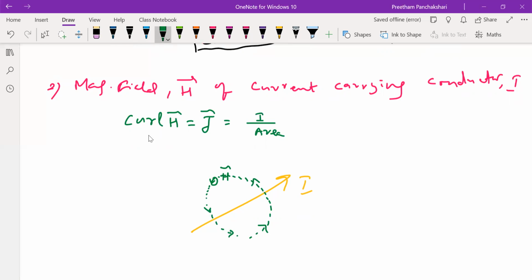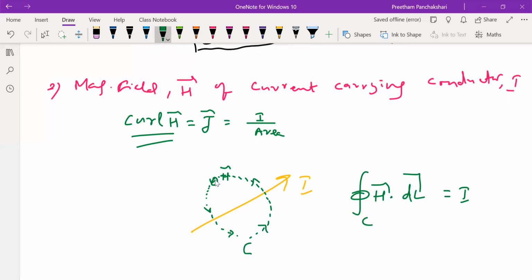So we can say that the total magnetic field around this closed path is given by circulation of magnetic field about this closed path, let us say C, which is equal to the total current within this closed path. And this is Ampere's law, which says that the magnetic field is rotational and it is revolving around the current carrying conductor, and its magnitude is given by the closed path integration of H, which is equal to the total current value.